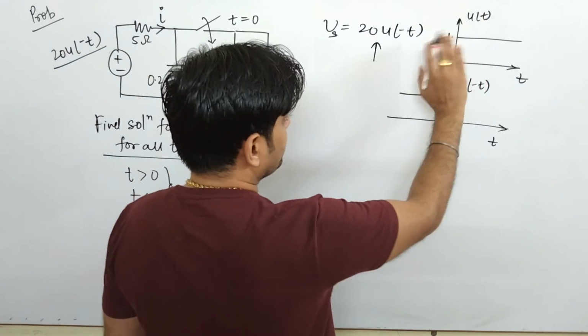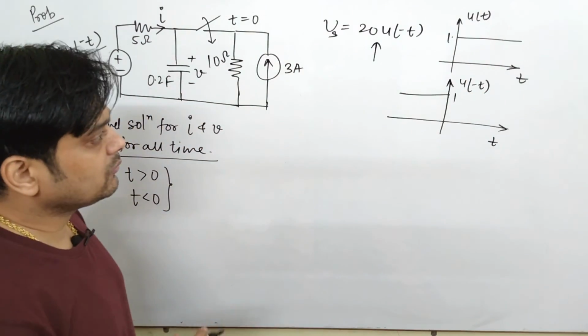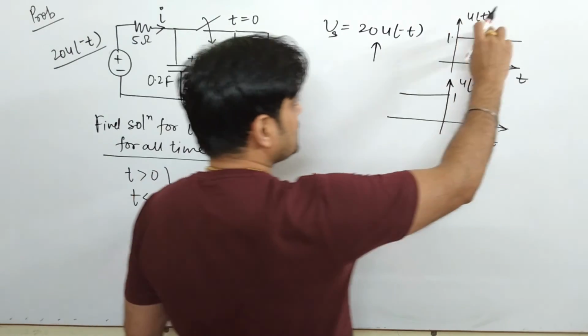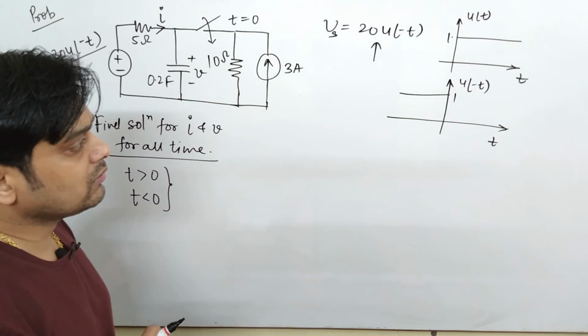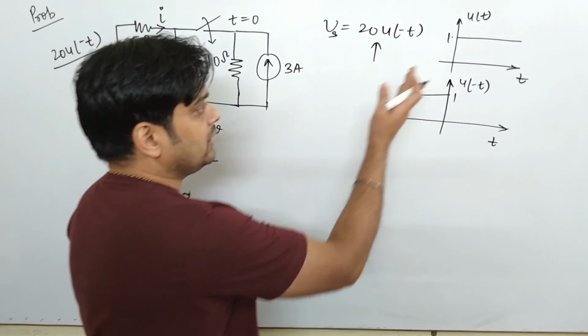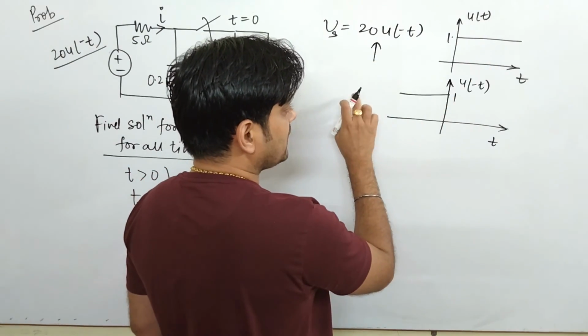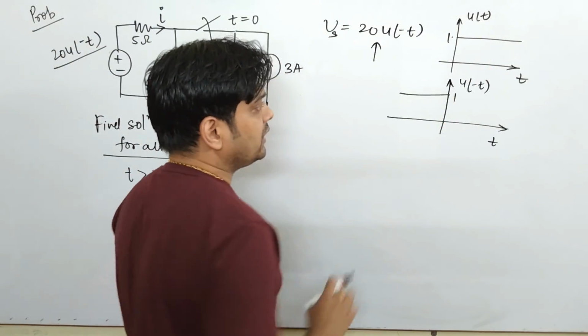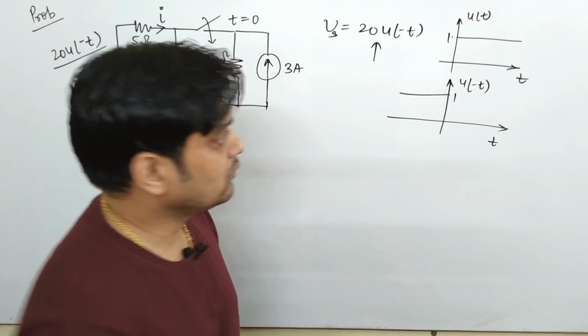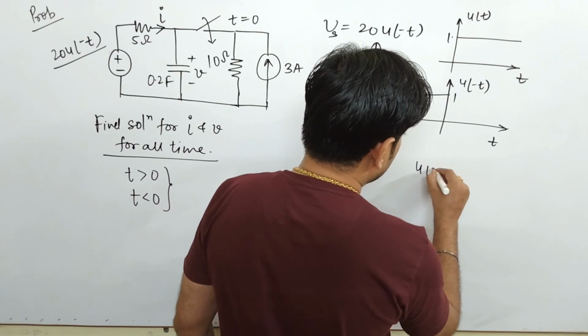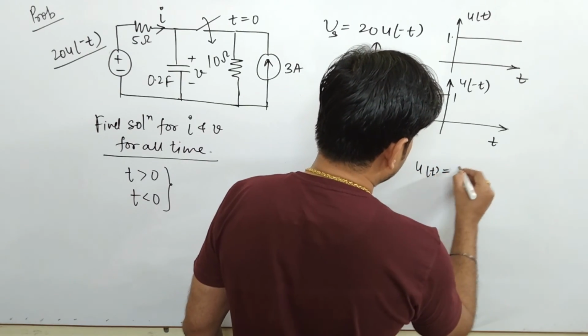This is basically known as a phase reversal signal. In signals you will understand more about this. So this is your u(t) and this is your u(-t). It means now the signal is starting from minus infinity and will come to t equal to 0, and for t greater than 0 the value will go to 0.